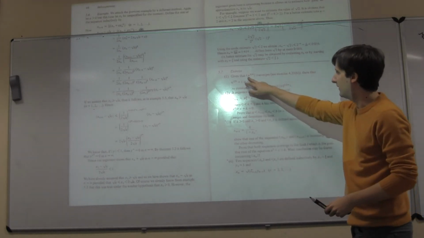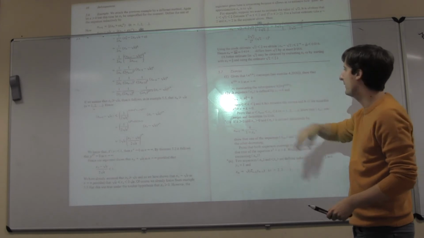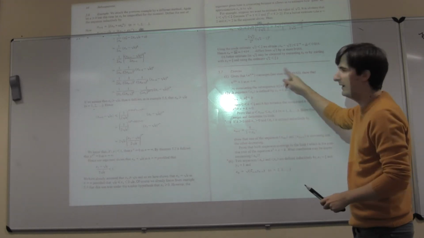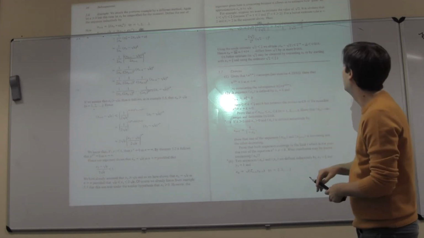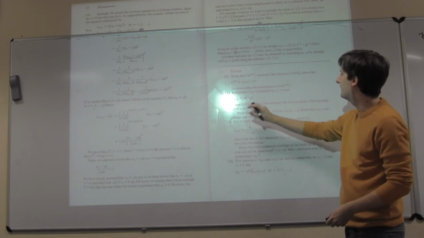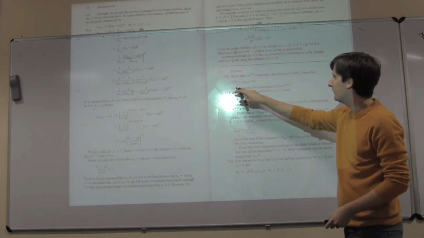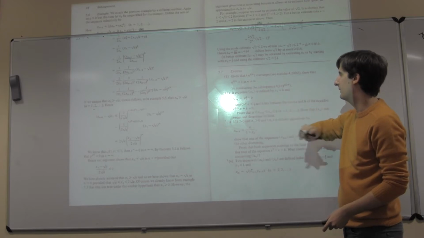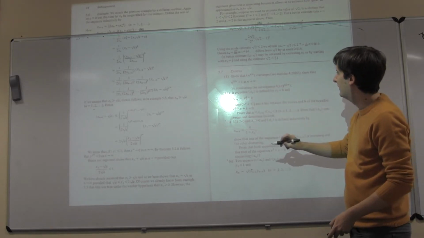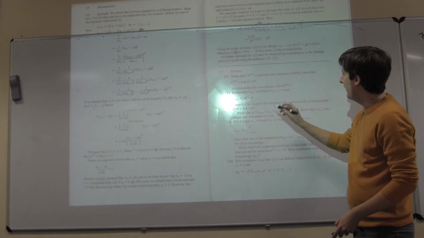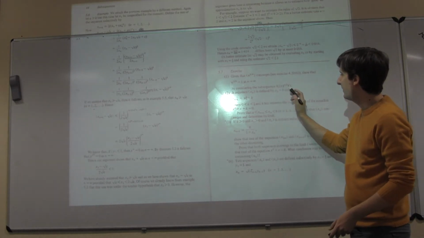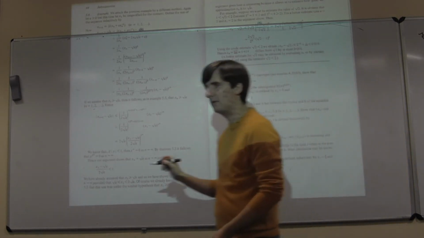Okay, so we know that the sequence n to the power of 1 over n converges to something, and that was proven previously. The claim is that the sequence n to the power of 1 over n converges to 1 as n goes to infinity. And it says you can do this by considering the subsequence (2n) to the power of 1 over 2n.